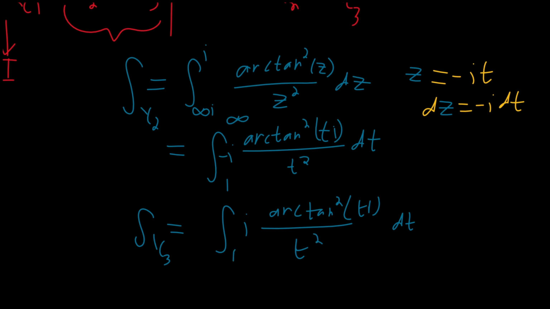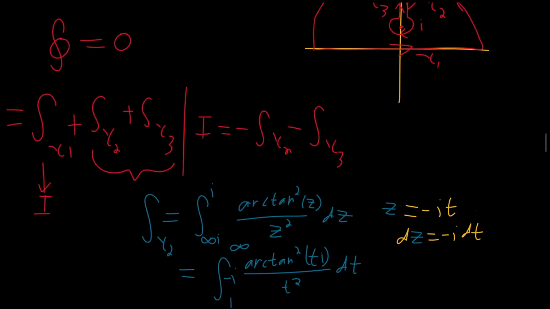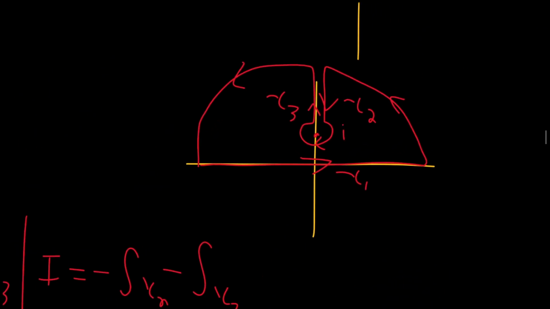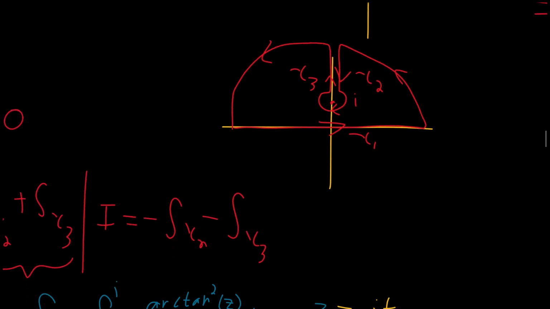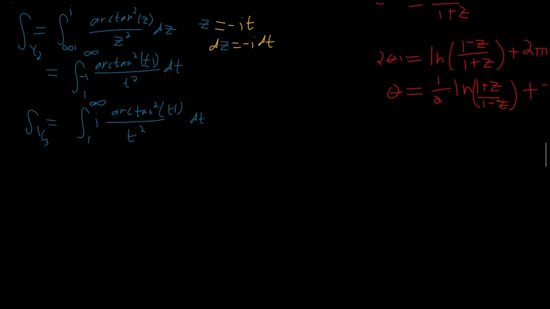And now you're probably thinking, well, wouldn't those just cancel and equal 0? No, actually. And the reason for that is because arctan, as I've said before, is going to be defined differently depending on which side of the branch cut you're on. And that's the way we're going to evaluate this integral. So let's see what arctan actually is.